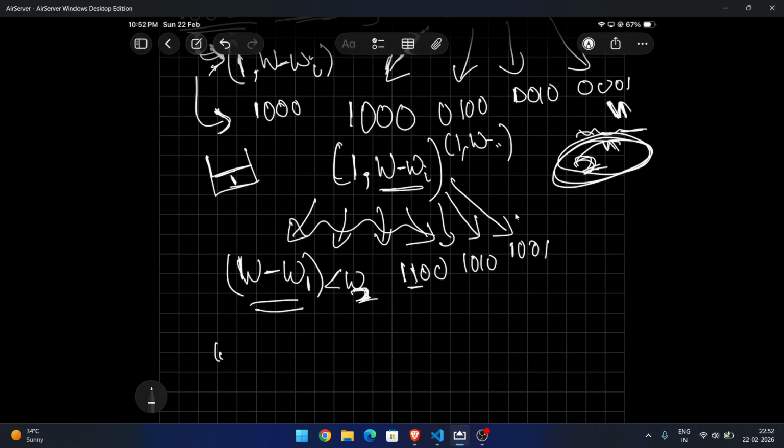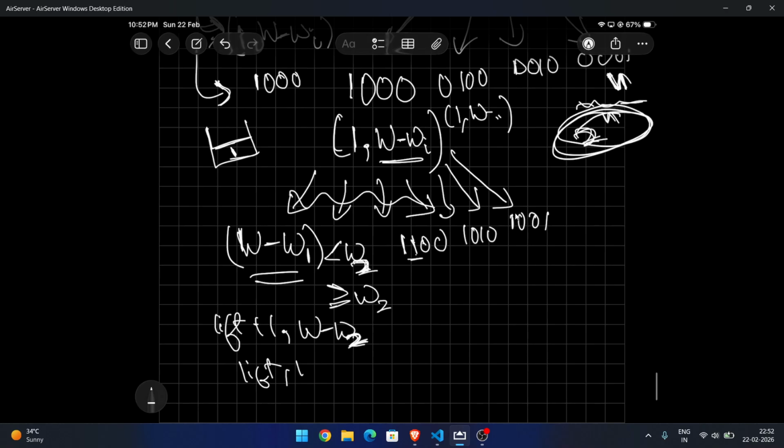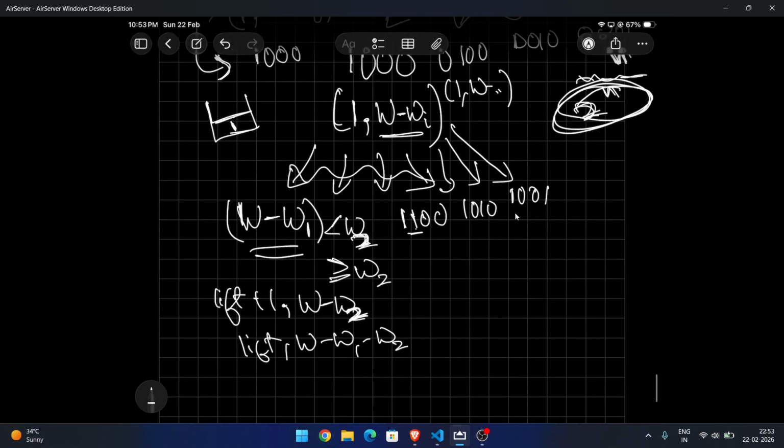So the lift count would be plus 1, and the space remaining in that new lift would be W minus W2. And if the remaining weight was greater than W2, then the lift count would remain the same because we can accommodate this person in that same lift. Okay, so through this recursion, it will again repeat itself 2 times. This also, now this will repeat 1 time only.